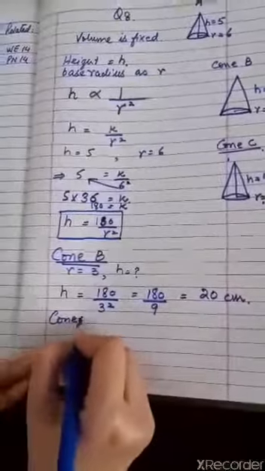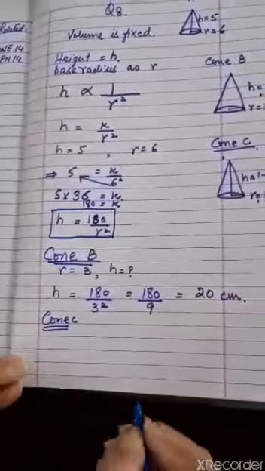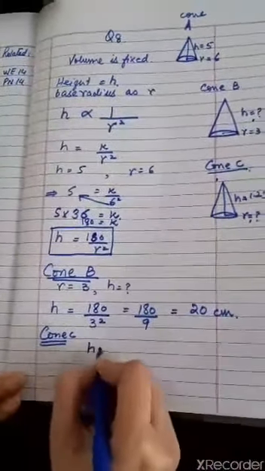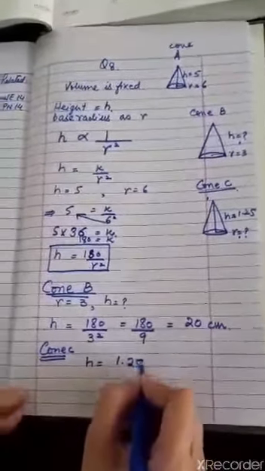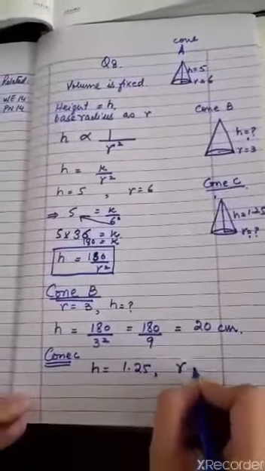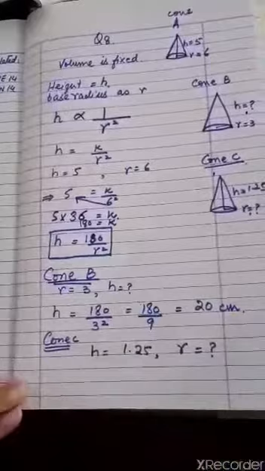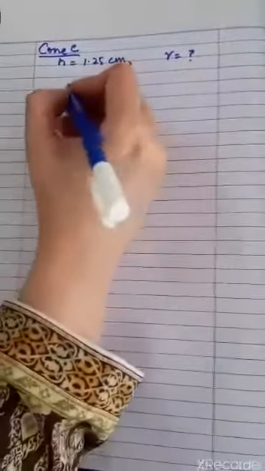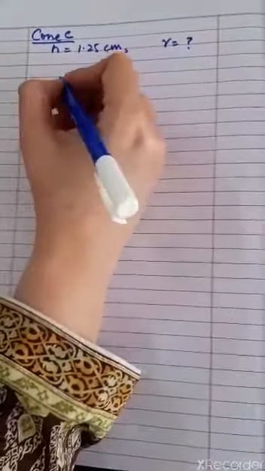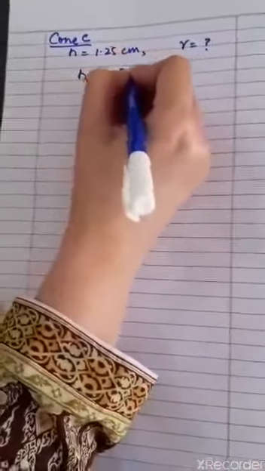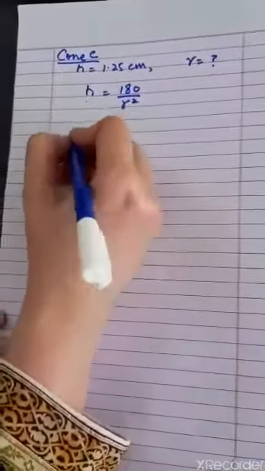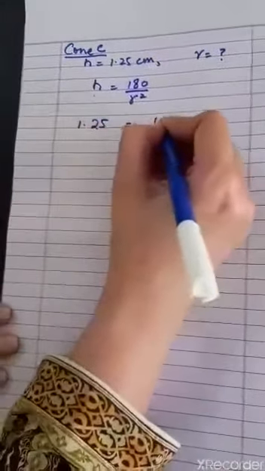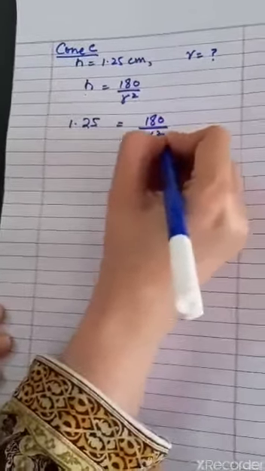Now cone C. For cone C, we are given height is equal to 1.25 centimeters and we have to find the base radius, that is r. Now using the same formula, that is h is equal to 180 upon r square, and putting the value of h in this formula, we get 1.25 is equal to 180 upon r square.